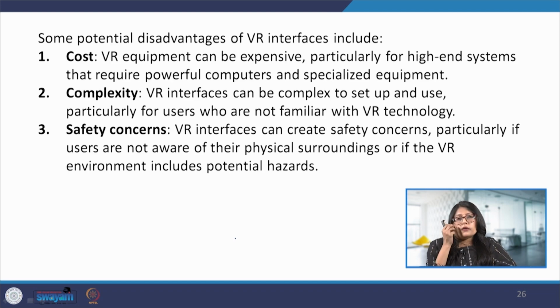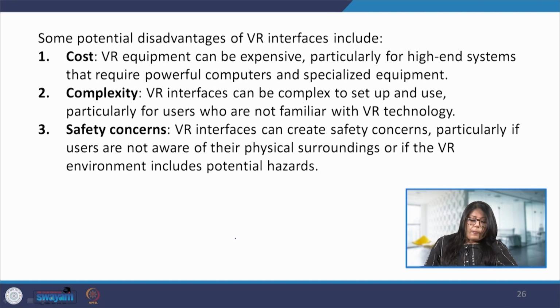Now, some disadvantages can be that it is costly. The virtual reality user interface is expensive. The equipment is expensive, especially for high-end systems that require powerful computers and specialized equipment. Then it is complex.